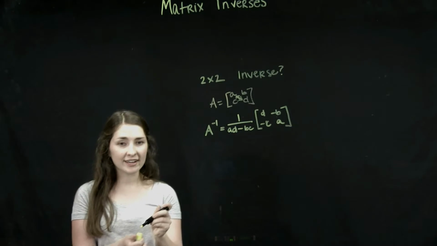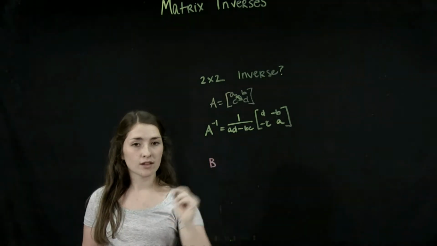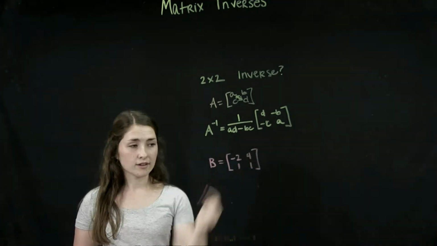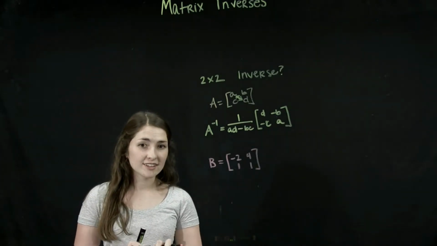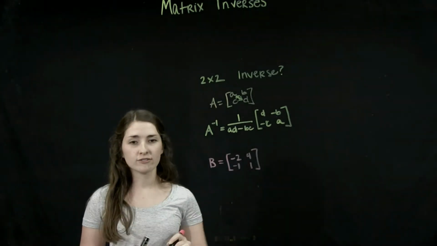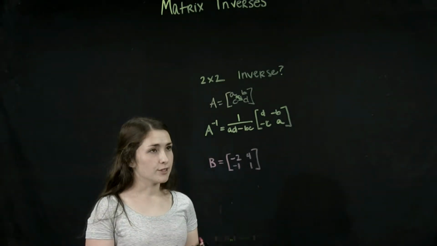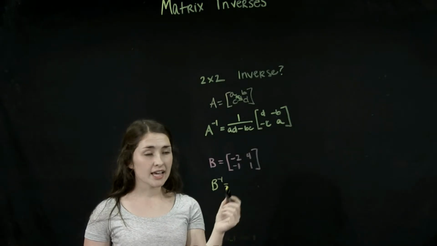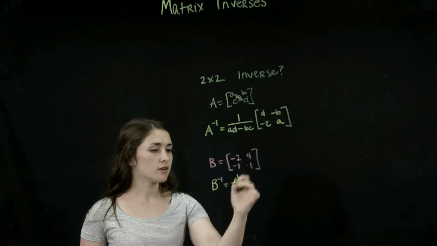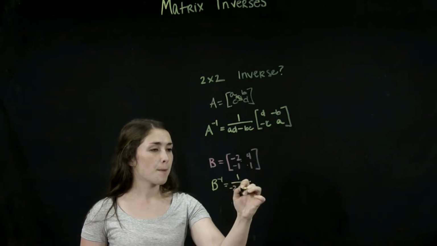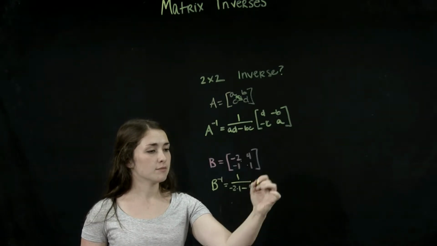So let's try out an example. If we have B, which is a matrix, negative 2, 4, negative 1, 1, let's see if we can find the inverse of this. Let's make that a negative, just for fun. To take B inverse, we are going to take 1 over the product of this, so negative 2 times 1, minus this product, which is 4 times negative 1.